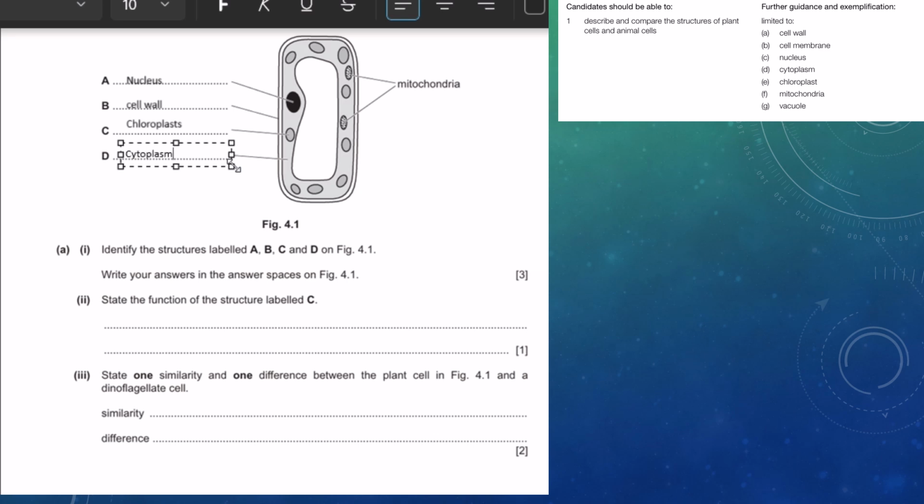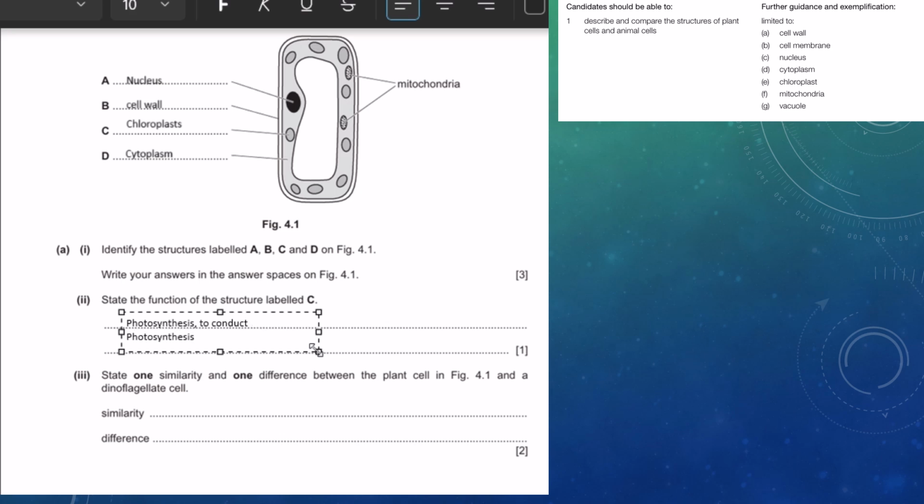All right. That's 3 easy points to get, all these right. So number C is a chloroplast, and they ask to state the function. And I'll just say photosynthesis, or to conduct photosynthesis.